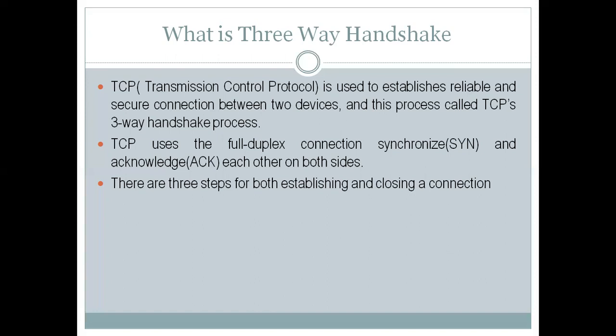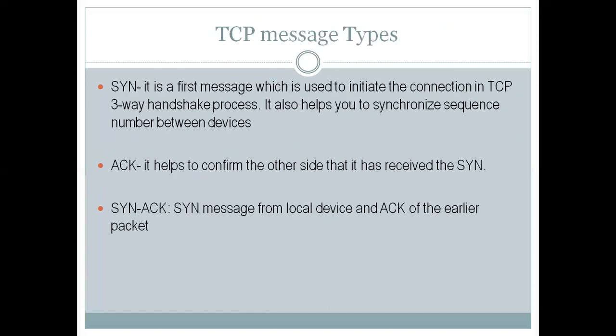TCP message types: SYN, ACK, and SYN-ACK. SYN is the first message, used to initiate the connection in the TCP three-way handshake process. It also helps you to synchronize sequence numbers between devices. ACK, or acknowledge, helps to confirm to the other side that it has received the SYN.